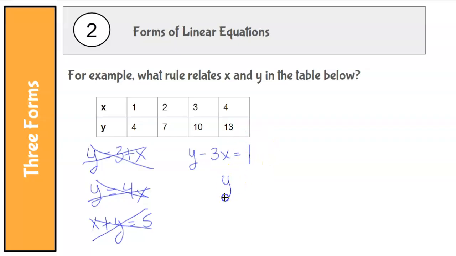Or we could rearrange this in a different form and say y is 3 times what x is plus 1. 3 times 1 plus 1 is 4. 3 times 2 plus 1 is 7, and so on. We will explore how to find these equations or the definitions of the relationships between x and y more in future videos, but those 3 forms of the equation that we talked about are what are going to help you to write these rules.